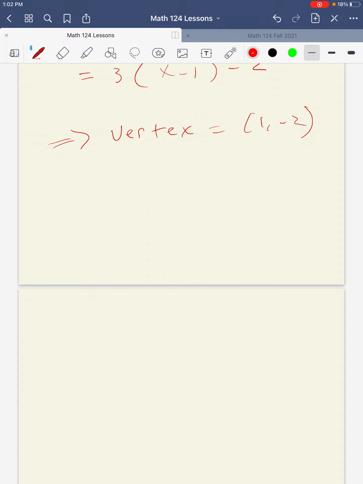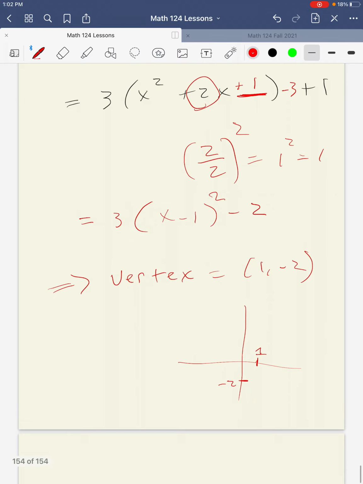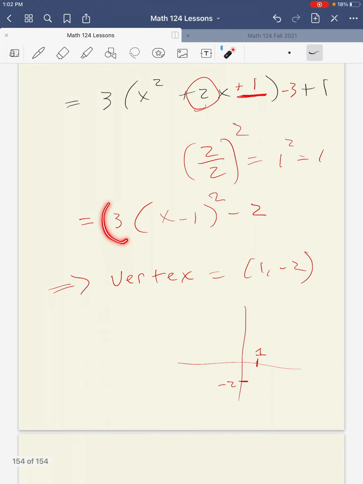So let's go a little further with this example. If we know the vertex is at 1, -2, we also know this will be a minimum because this number is positive, so the graph will be opening up. So the graph will look roughly like this. You have the minimum here, opens up there.